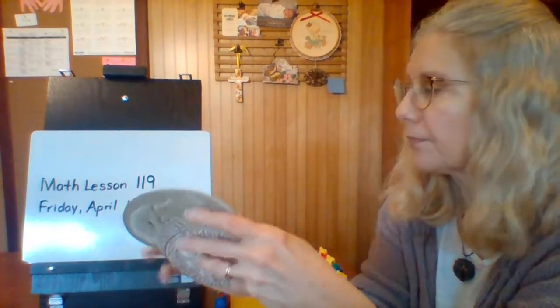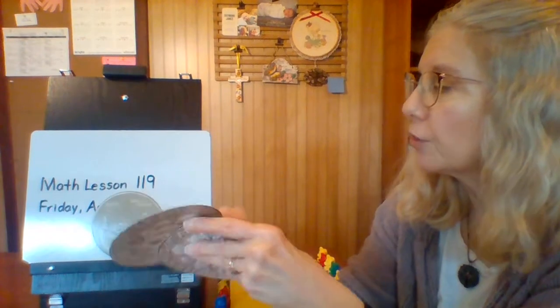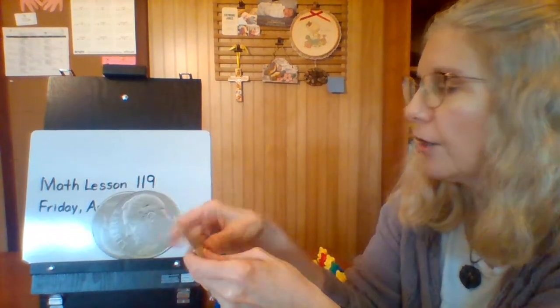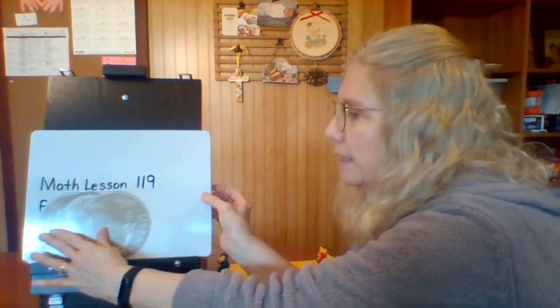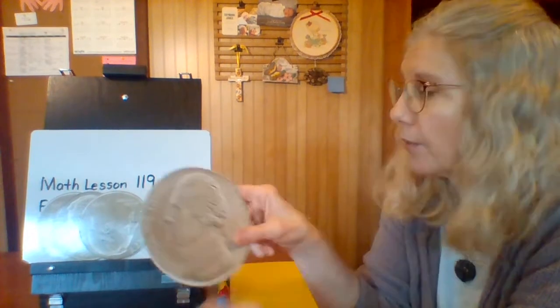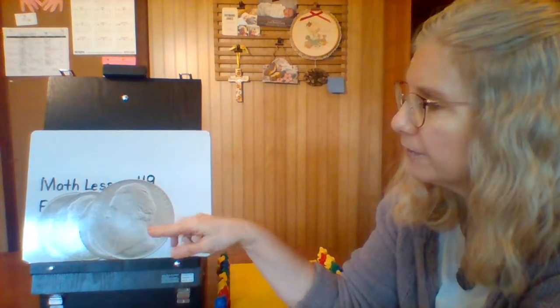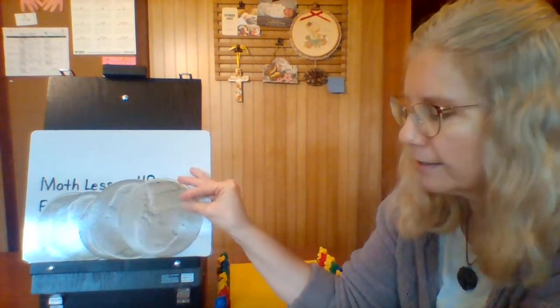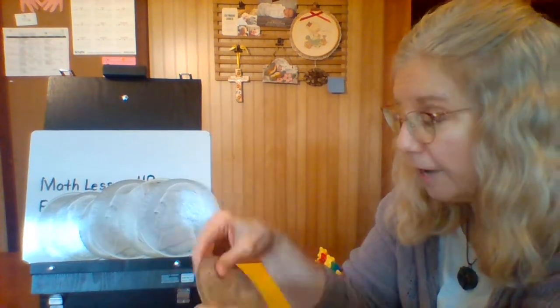Count with me. 10 cents, 20 cents, 30 cents. Let's slide those over. Then we have to keep counting from 30, and now we get to count by fives because we have nickels. Okay, so 35, 40 cents, 45, 50 cents, and then we have 2 pennies left.